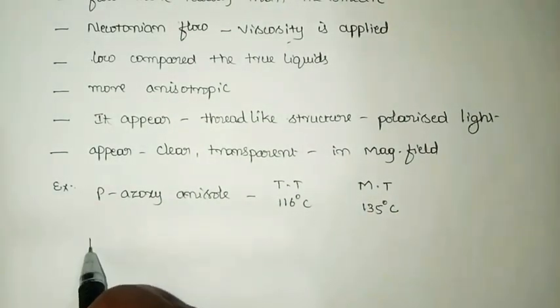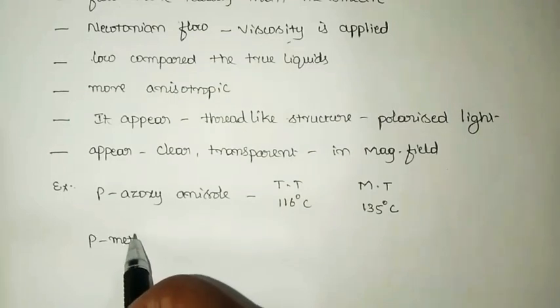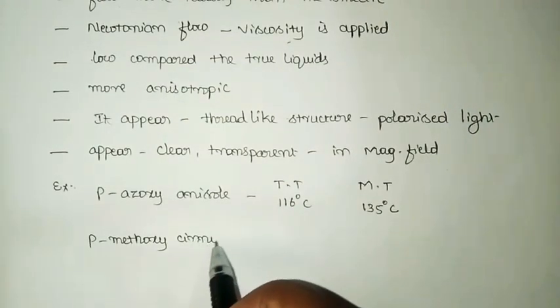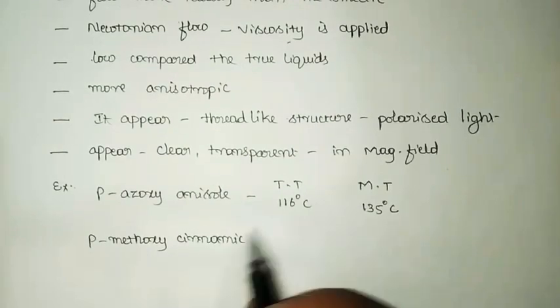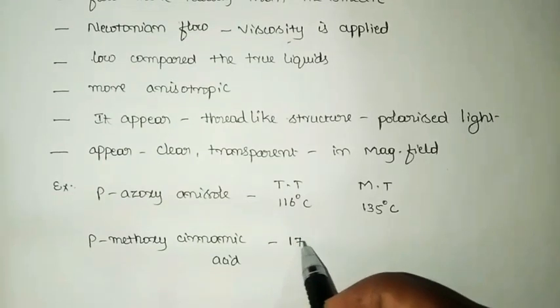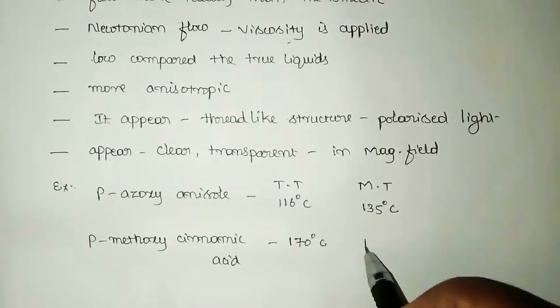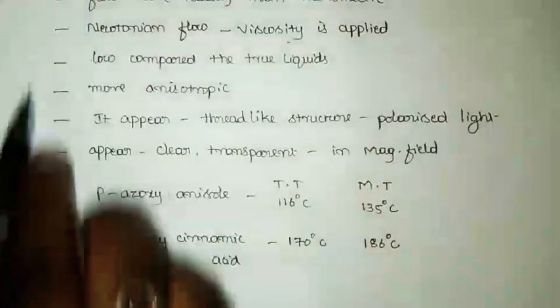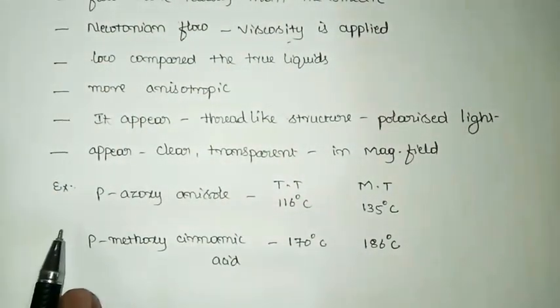One more example we can give is para-methoxycinnamic acid, which has a transition temperature of 170 degrees Celsius and its melting temperature is 186 degrees Celsius. And that's a brief discussion regarding nematic type of liquid crystals.